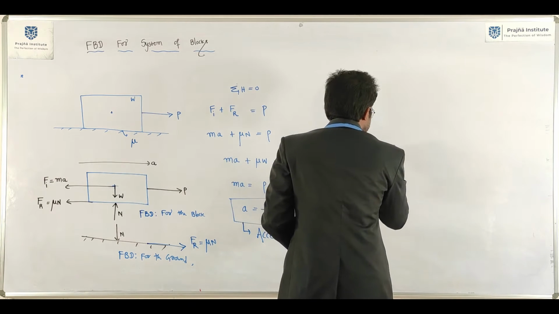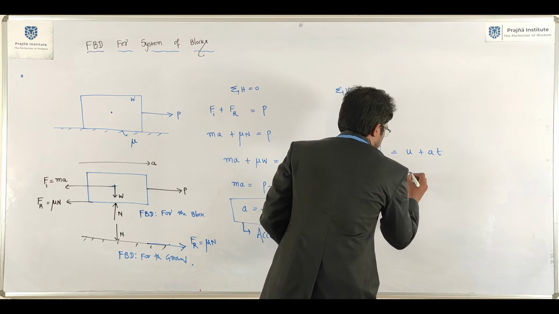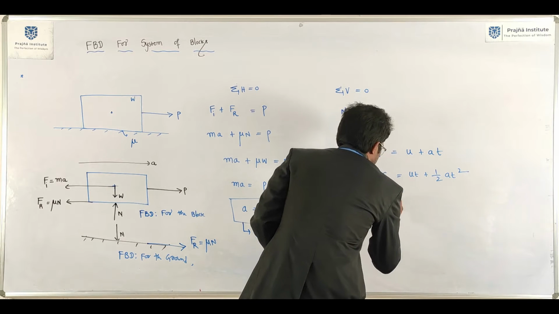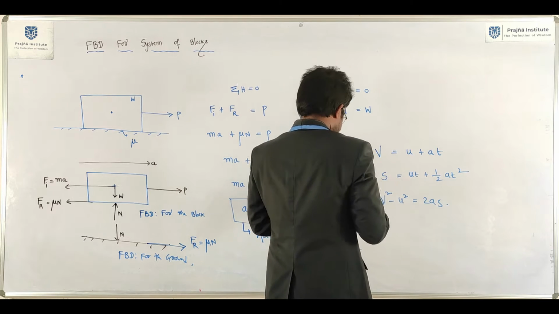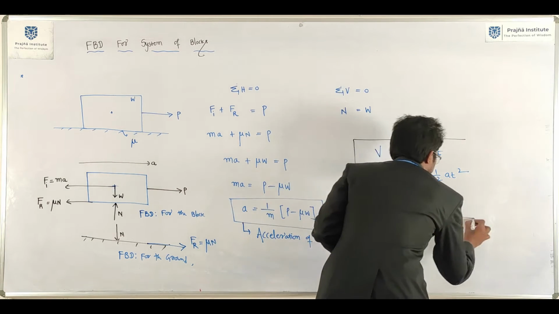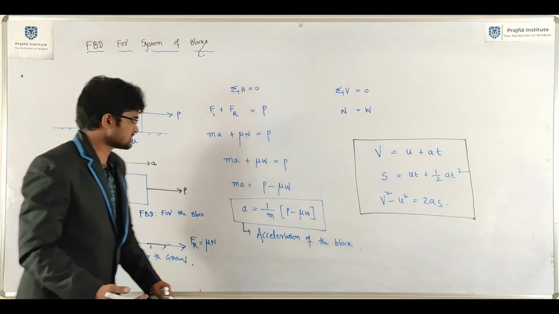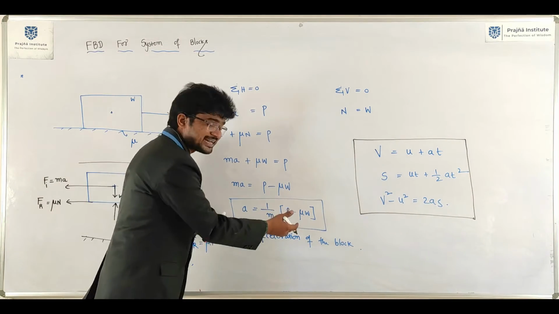After that, v equals u plus at, s equals ut plus half at square, v square minus u square equals 2as. They will frame some questions like this. If they ask the acceleration of the block, you will directly get it.